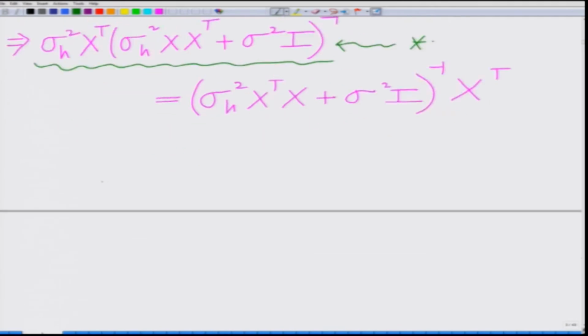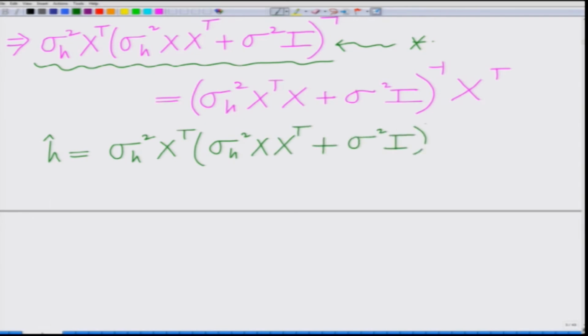Therefore h hat equals, previously it was sigma h square x transpose (sigma h square x x transpose plus sigma square identity) inverse into y bar.